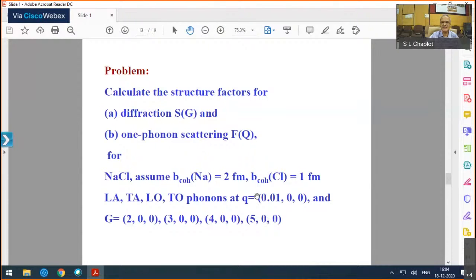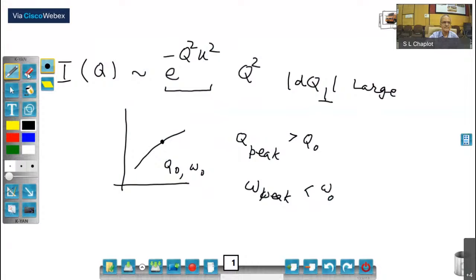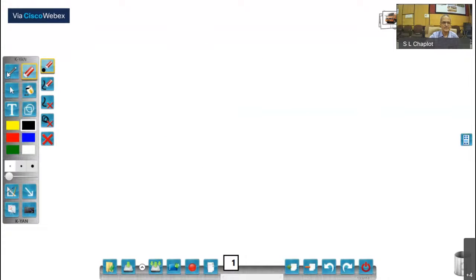We'll assume certain scattering lengths, but before we do this, there's a lot of physics here. A structure like sodium chloride, you know, is a face-centered cubic, and the basic cell has a basis of two atoms.